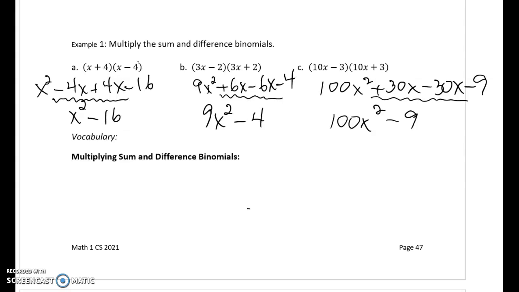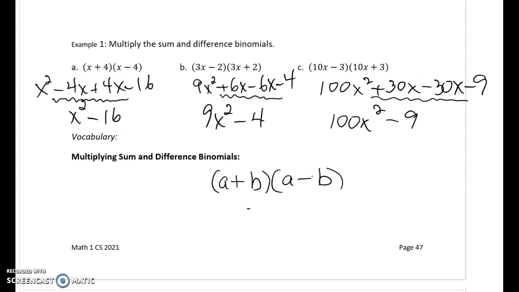These problems are called sum and difference binomials. The setup is that we are multiplying 2 binomials that have the same 2 terms inside, and in between those terms we always have opposite signs, 1 plus and 1 minus.